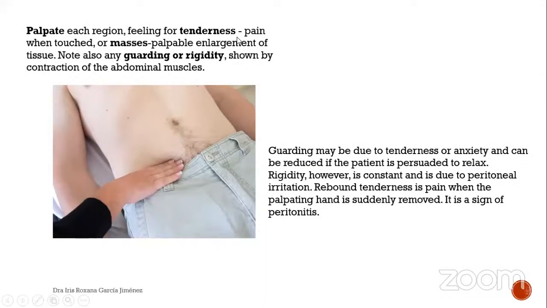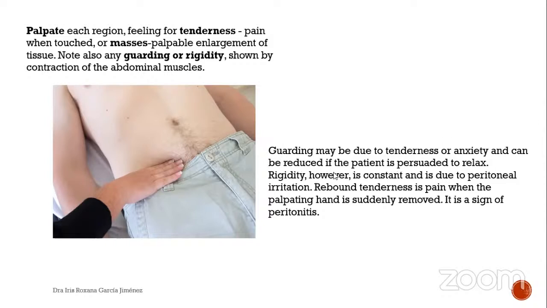About palpation, each region, feeling for tenderness, pain when touched, or masses, palpable arrangement of tissue, right? Note also any guarding or rigidity, shown by contraction of the abdominal muscles. The guarding may be due to tenderness or anxiety and can be reduced if the patient is persuaded to relax.